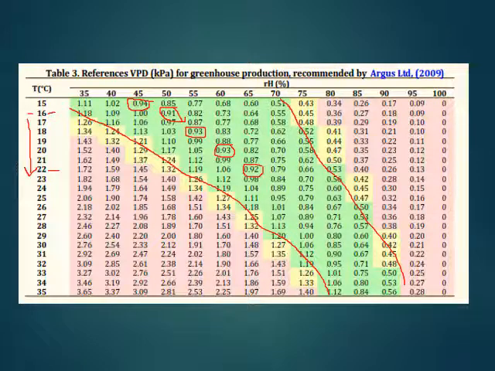Now, the computer's managing your VPD within the specification that you assigned, but there's a problem. Look at the relative humidity. To maintain a VPD of 0.9 at 16 degrees Celsius, we're going down to 45% relative humidity.